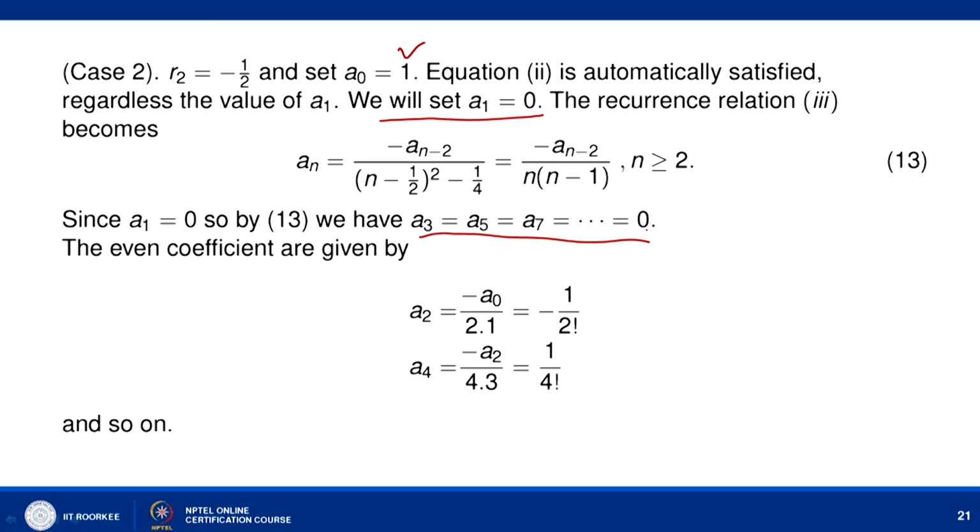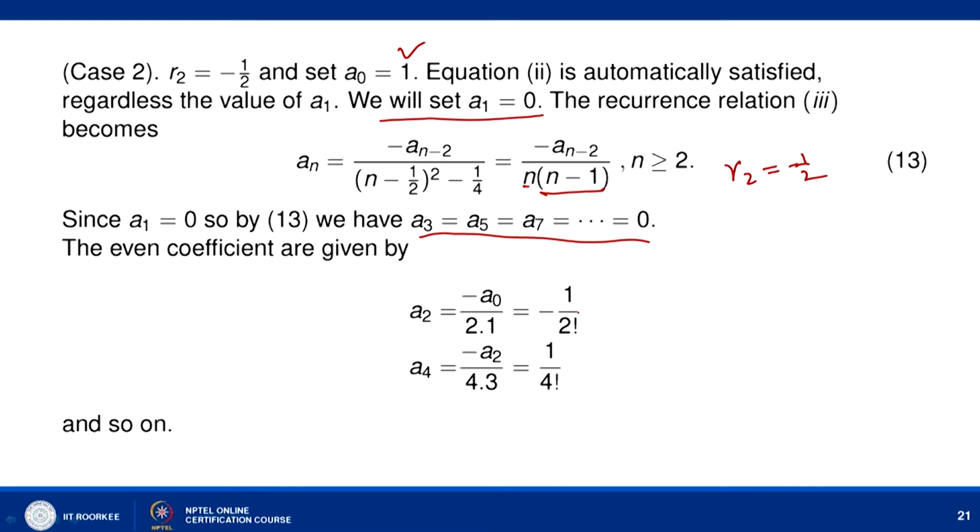Look at the recurrence relation: an is equal to minus an minus 2 divided by (n minus half) whole square minus 1 by 4. We can simplify a square minus b square, and write n minus 1 by 2 plus 1 by 2, that is n, and n minus 1 by 2 minus 1 by 2, that is n minus 1. So we can write an as minus an minus 2 divided by n into n minus 1, for r2 equal to minus half.